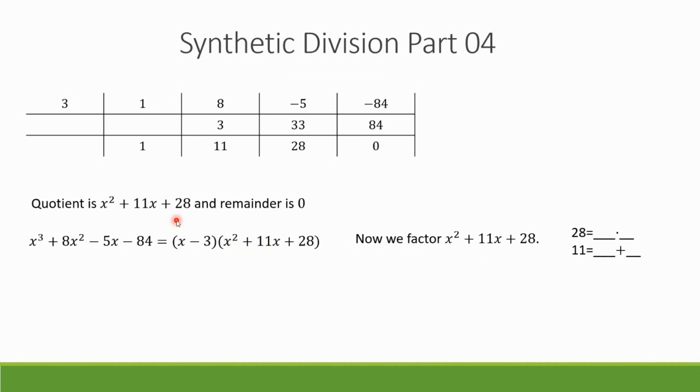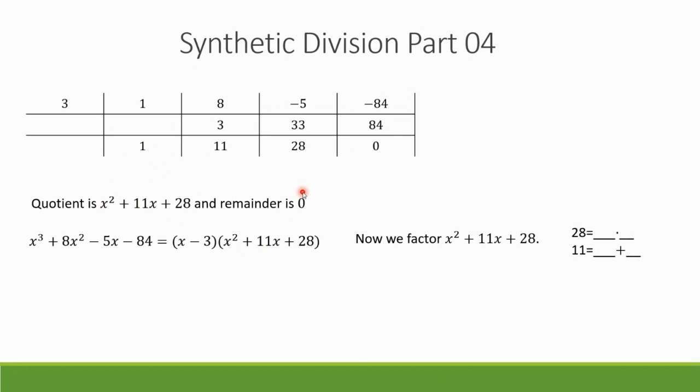So we get x squared plus 11x plus 28, and the remainder is 0.